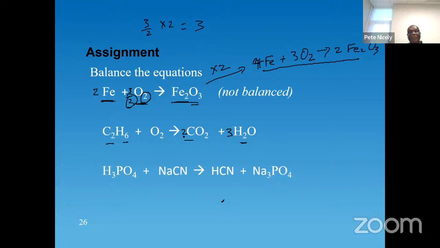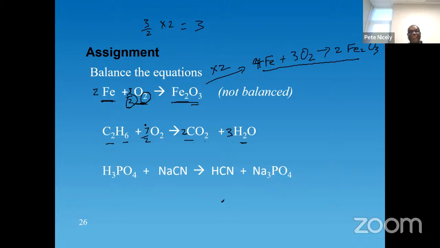Over here, you have a total of 2 times 2, 4, plus 3, 7 oxygens, right? So how do we balance the oxygens? Well, I would multiply this oxygen, O2 here, by 7/2, because 7/2 times 2 gives you 7 oxygens total on the left side, which balances with the 7 oxygens on the right side.